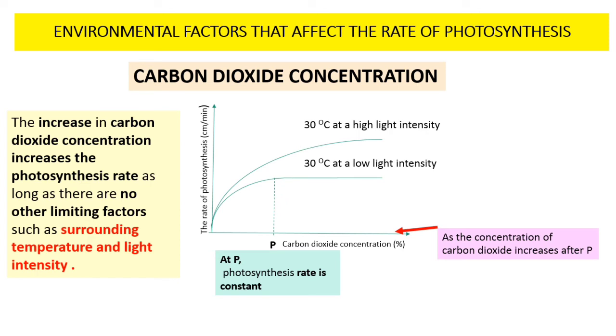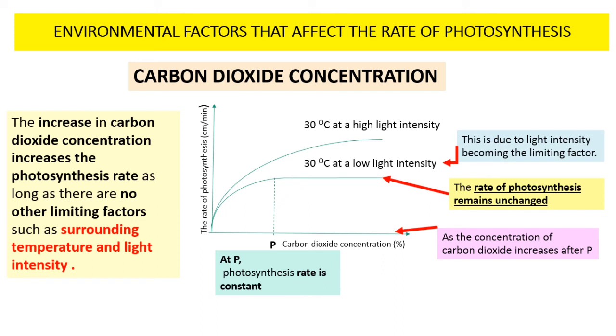As the concentration of carbon dioxide increases after P, the rate of photosynthesis remains unchanged. This is due to light intensity becoming the limiting factor. So, as the concentration of carbon dioxide increases, it will no longer increase the rate of photosynthesis because other factors such as light intensity become the limiting factor.